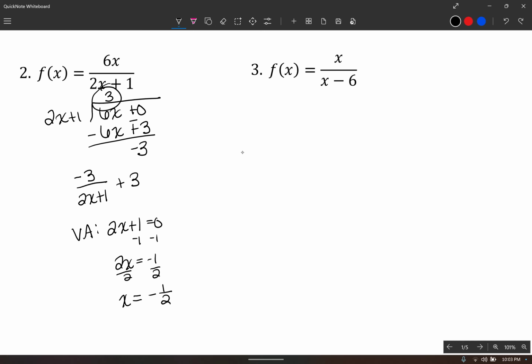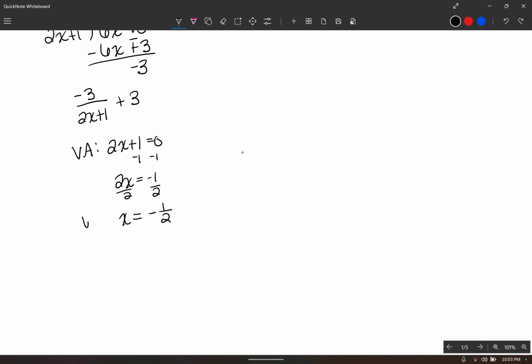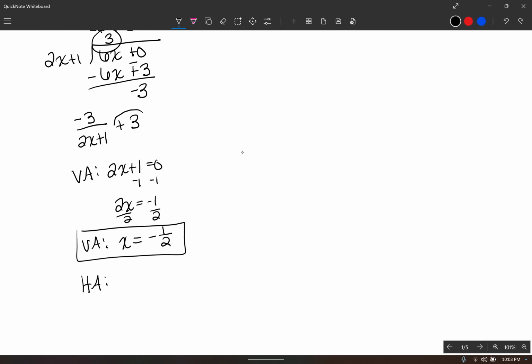So you need to write them as the equation of a line. So a vertical asymptote is always x equals and then your number, and a horizontal asymptote is always y equals and then your number. All right, so there's my vertical asymptote at x equals negative 1/2. And then my horizontal asymptote is always at 0, but then I shifted up 3, so that would be at y equals 3.